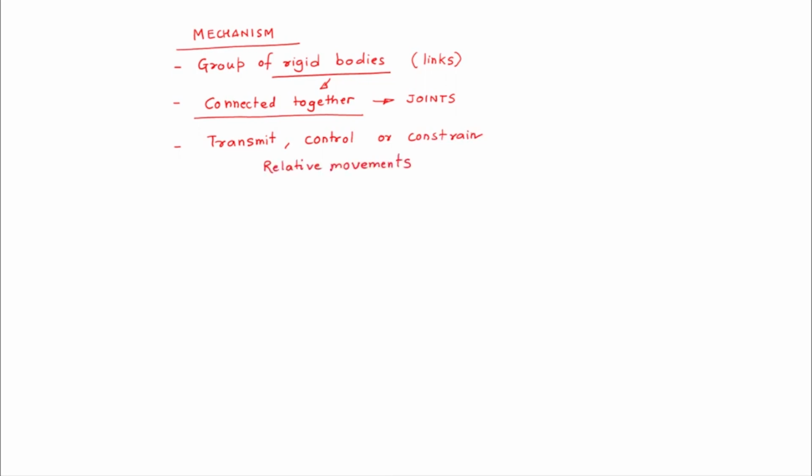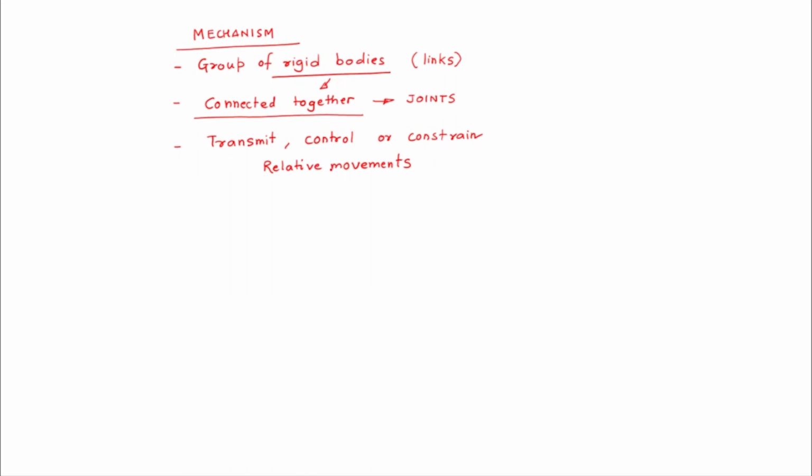So that means if we are having a group of rigid bodies which are connected together by joints, and this group of rigid bodies are transmitting, controlling, or constraining the relative movements of each other, this is called the mechanism.